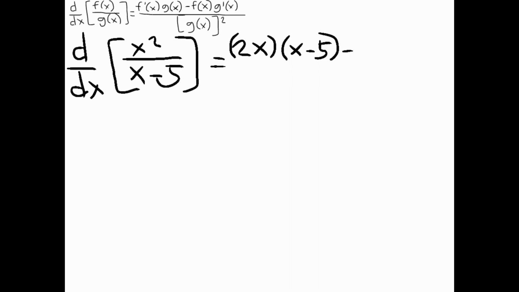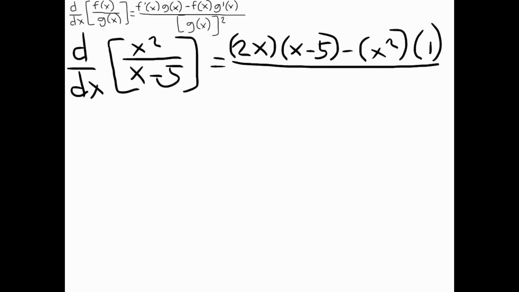minus f of x, the x squared, times g prime of x, 1, over x minus 5 squared, by the g of x. Then distribute 2x to x minus 5.